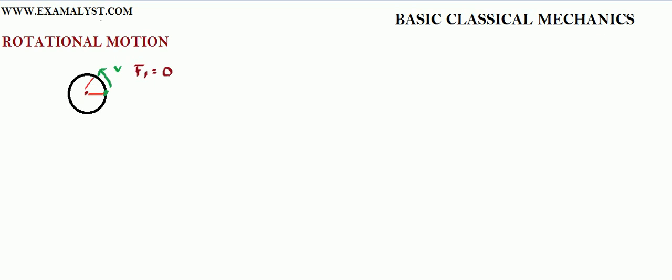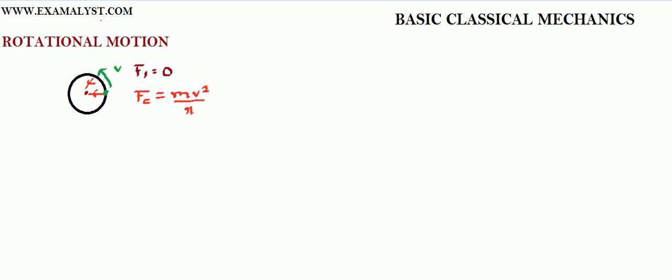Now, as I said, to keep the object on the circumference of the circle, we need a force, and that force always acts towards the center, which we have already discussed in detail in our last class. If an object is moving at a constant velocity along a circle, then the force required to keep it on the circle is called centripetal force, and it equals mv²/r. v is the velocity with which it is moving, and r is the radius of the circle.